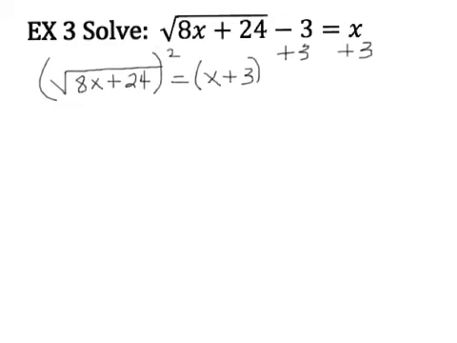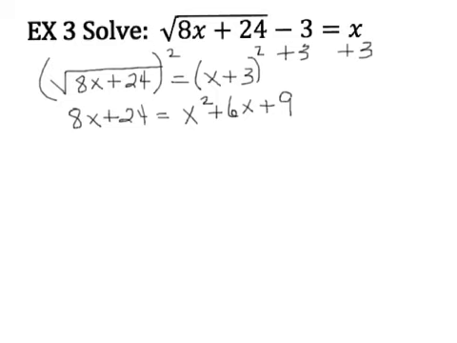When we square both sides, we're going to need to FOIL x plus 3 and x plus 3. Remember, that is not equal to x squared plus 9. That's wrong. So don't even go there. So when we square this, what is left is just what's under the radical. And when we FOIL x plus 3 and x plus 3, we get x squared plus 6x plus 9.